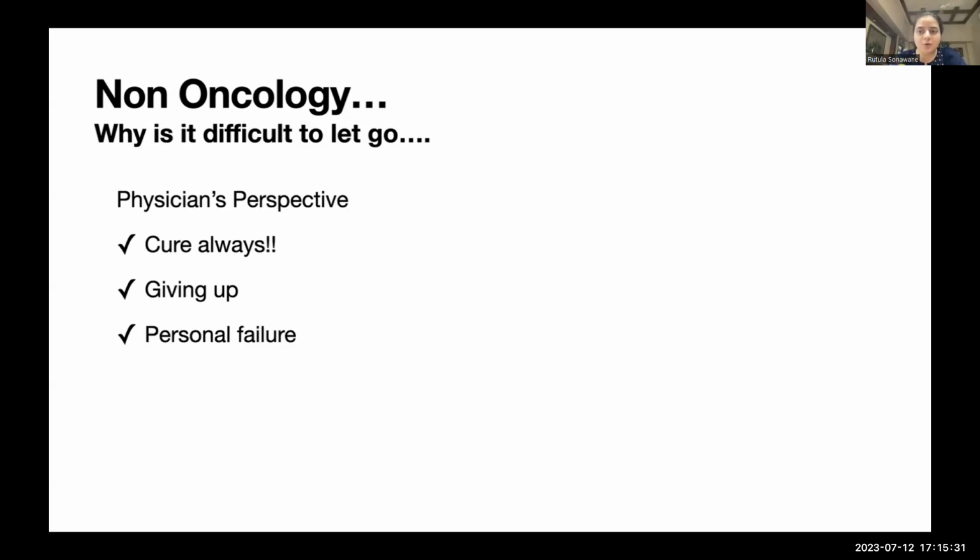So again, the ego issues, as you correctly said, and lack of awareness that palliative care can be used for non-oncology as well. And we have a few more: they don't feel the need, as the patient would be better, and accessibility of palliative care as well.